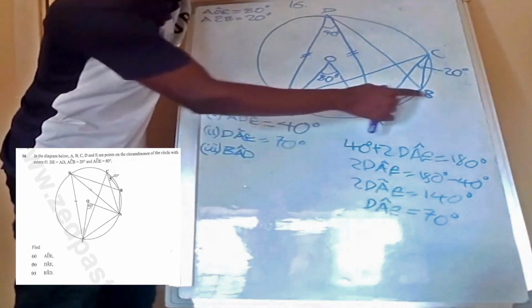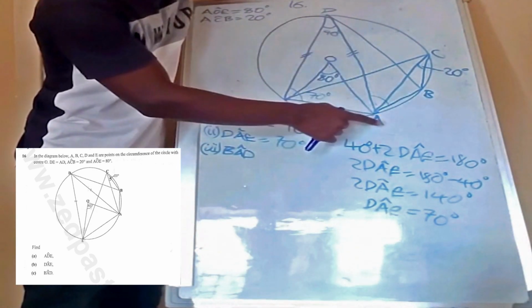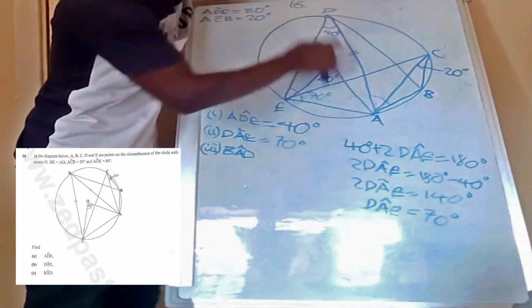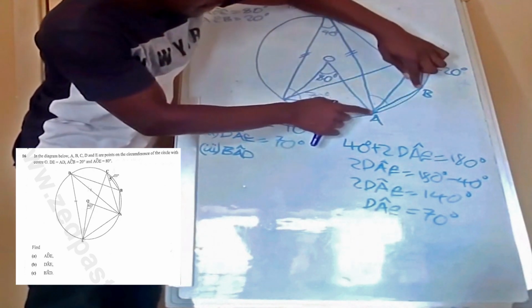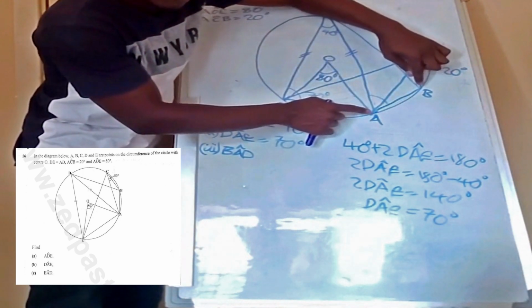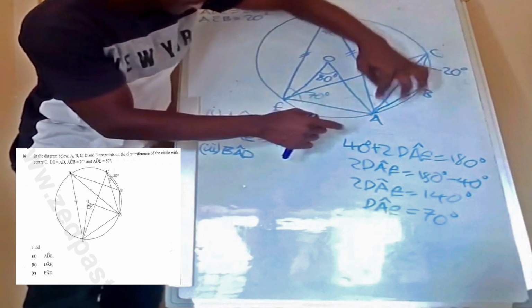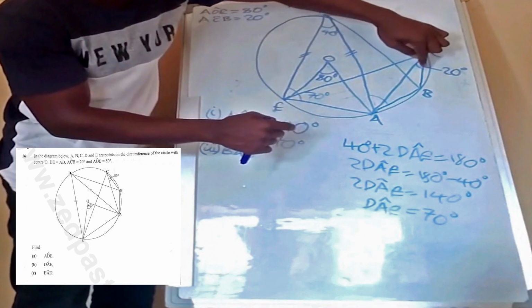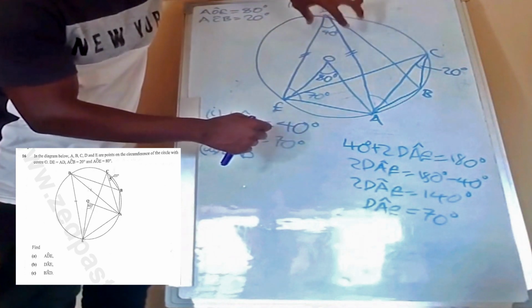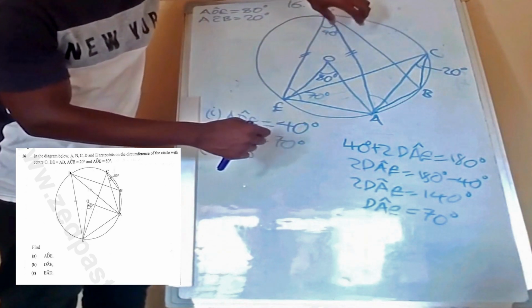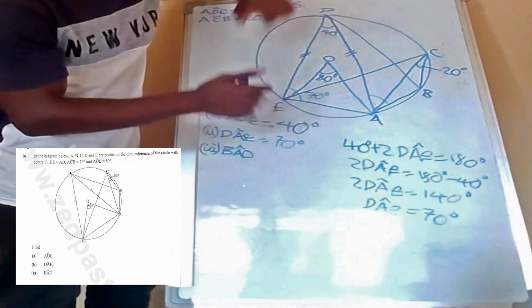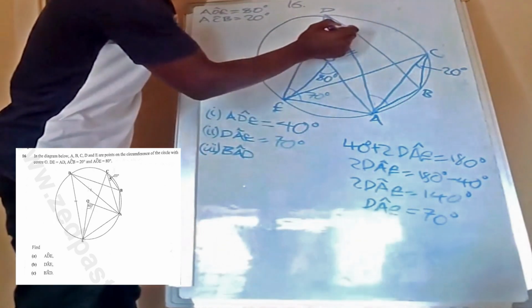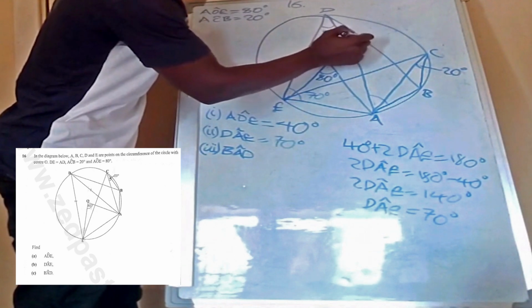Yes, we have angle BDA. Both BCA and BDA are coming from B and A. So this is 20 degrees, meaning the angle at D at the top is also 20 degrees.